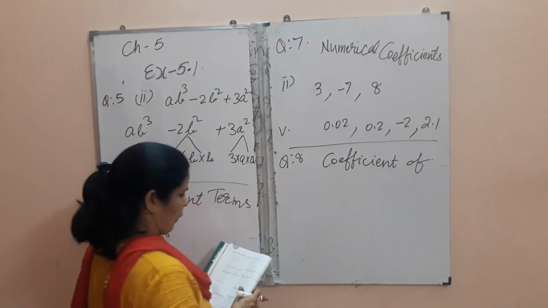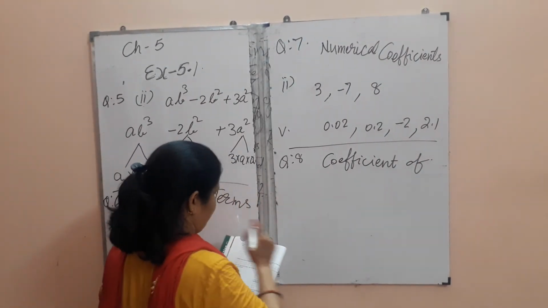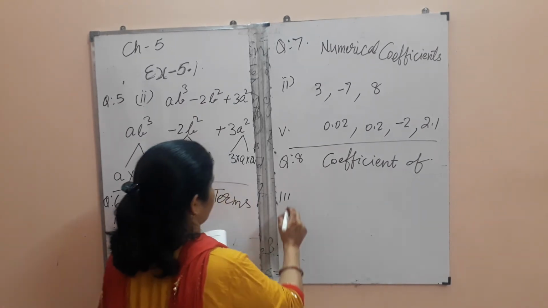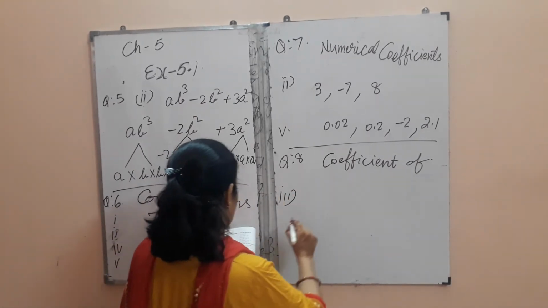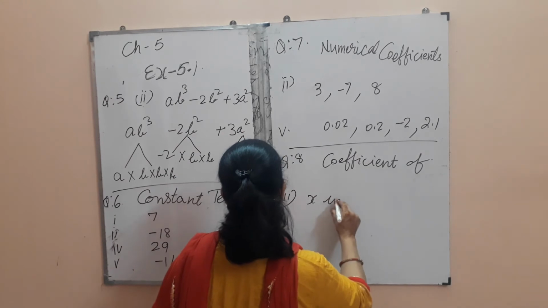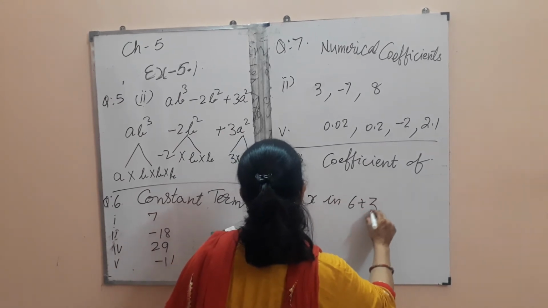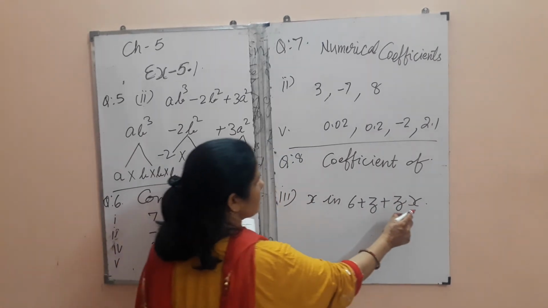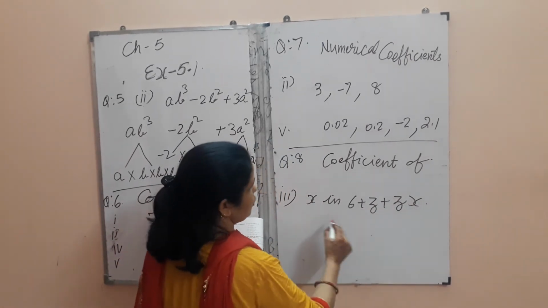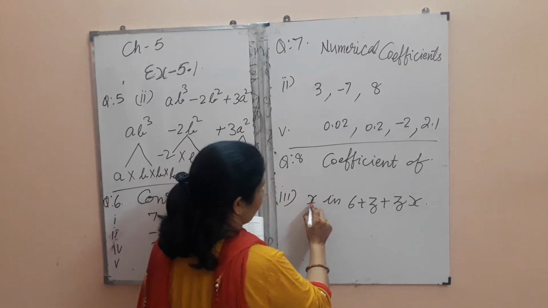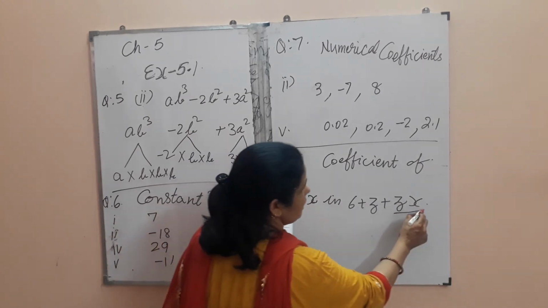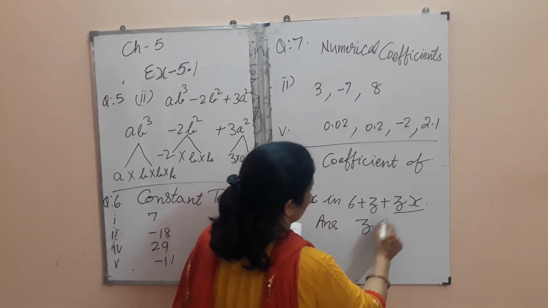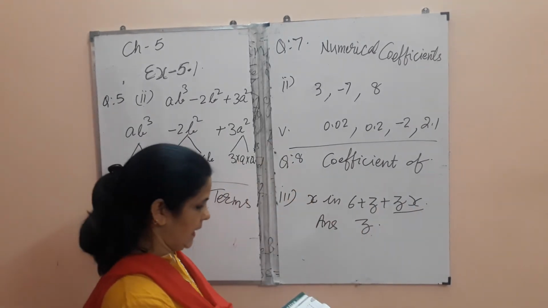I will do the third part, x in 6 plus z plus zx. So in this, x is only in this term. So the coefficient of x will be in this term only. So the answer will be z. Coefficient of x will be z.